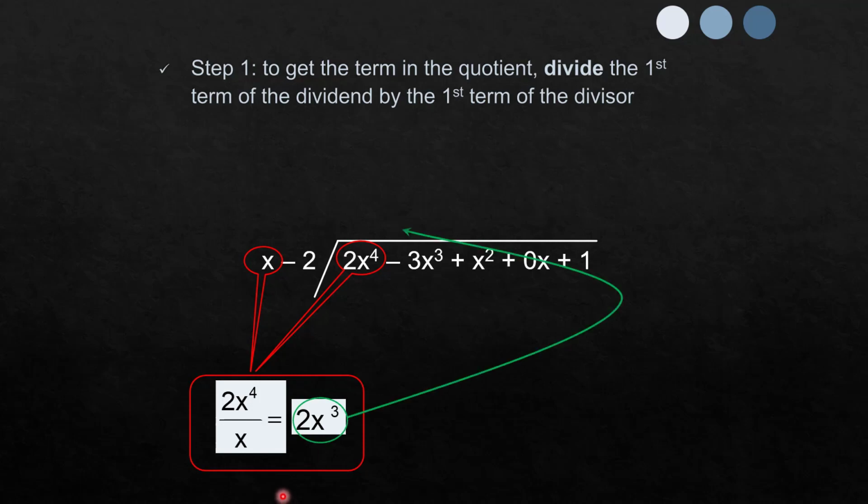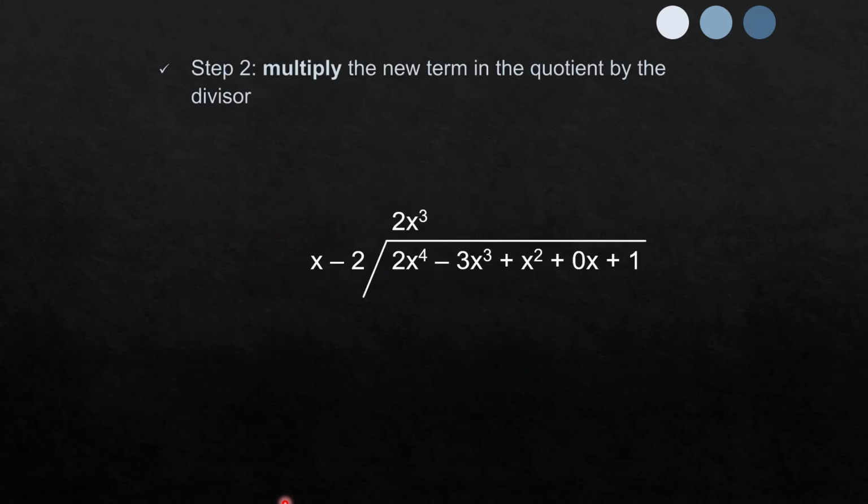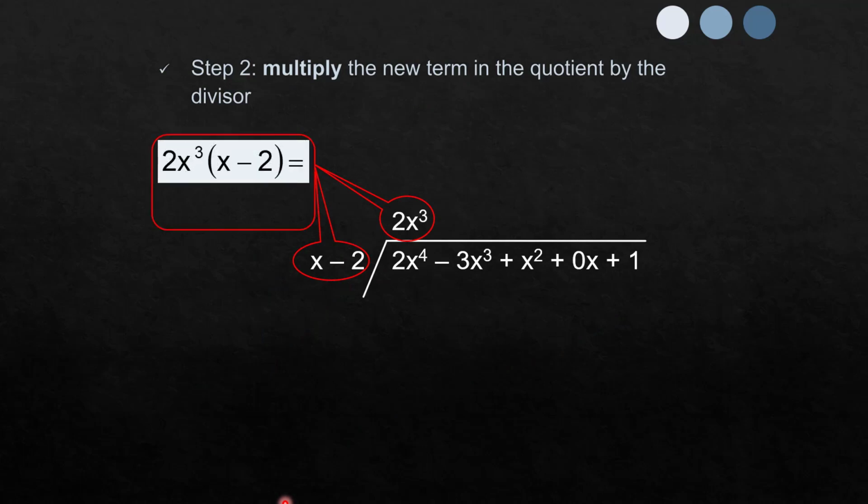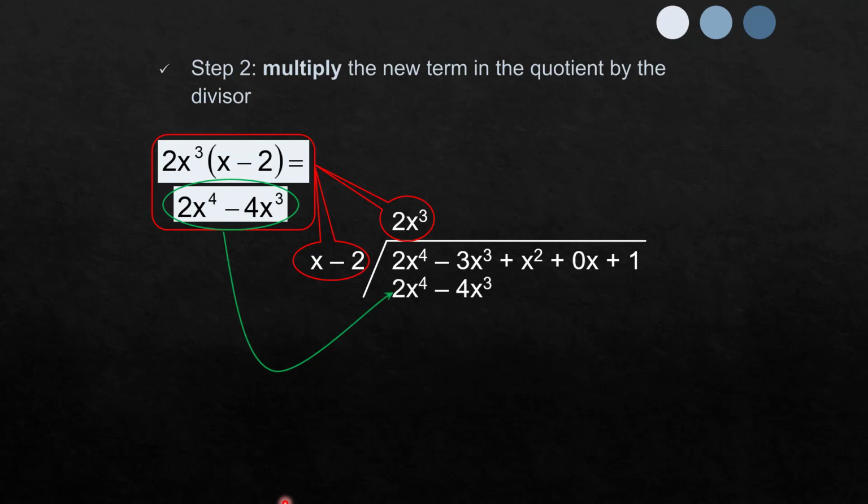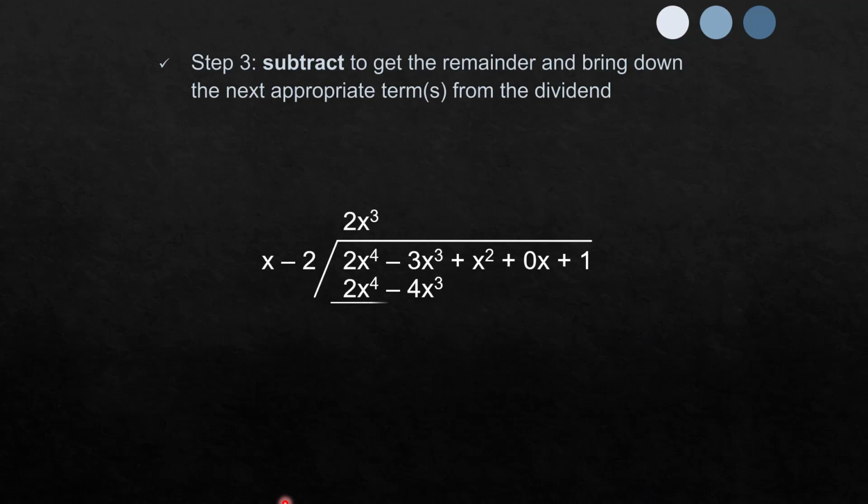Then you write it here and you do the multiplication. This is step 2. You multiply 2x cubed by both divisor terms, so the result will be 2x to the power of 4 minus 4x cubed. And you can write it below the dividend. The next step, you will subtract to get the remainder.